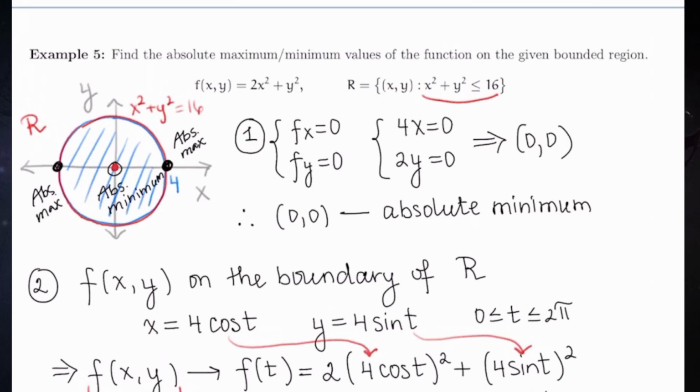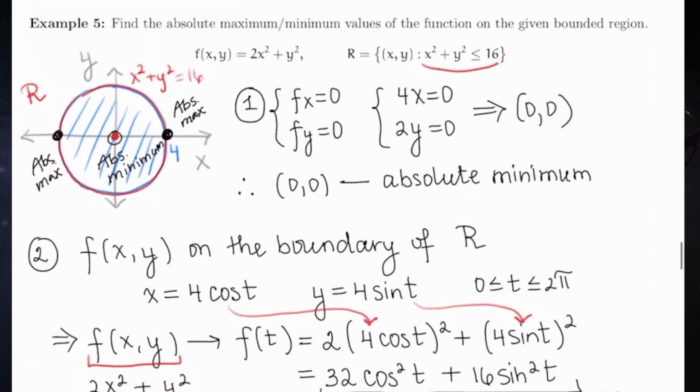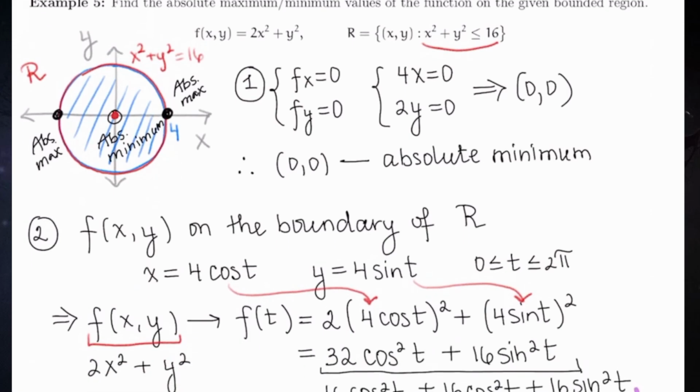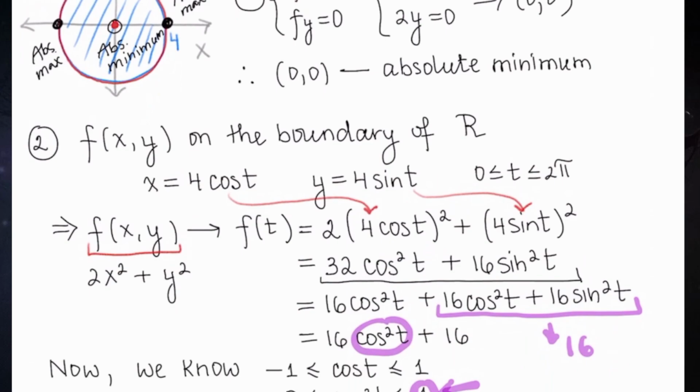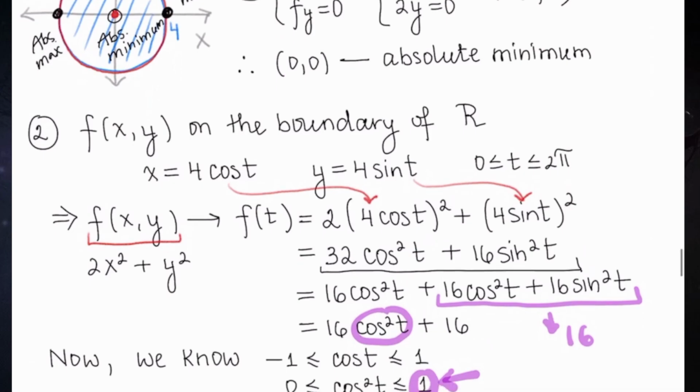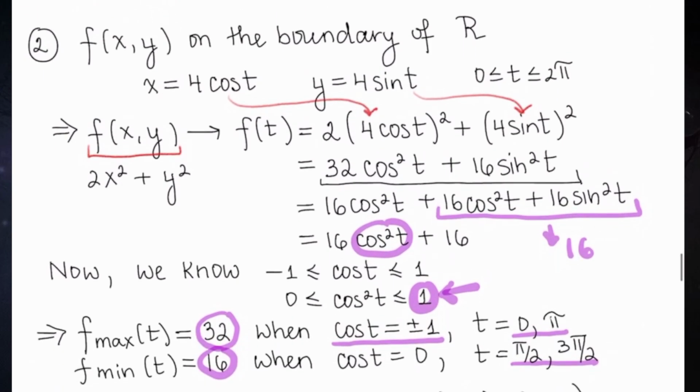And in this case, this is a perfect example where parametrization is very useful because it is one of those curves that we know how to write parametric equations for. And once we convert our function to a function of just one variable with values very well known, it is easy to analyze and see where we have maximum and where we have minimum.